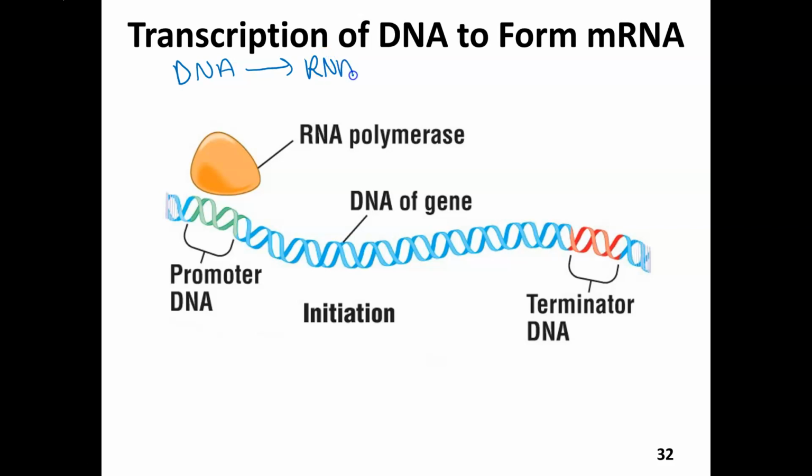And I always think of this as taking language that maybe you can't read and getting it converted into a language that you can read. So if you can't read German, but you get directions to build a crib in German, you're not going to be able to very effectively build that crib, right?